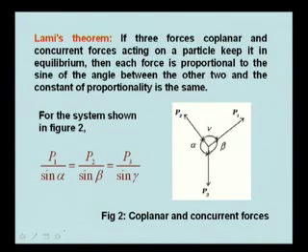If three forces, coplanar and concurrent, acting on a particle keep it in equilibrium, then each force is proportional to the sine of the angle between the other two, and the constant of proportionality is the same. For the system shown in this figure, P1 divided by sine alpha, P2 divided by sine beta, P3 divided by sine gamma must hold good.